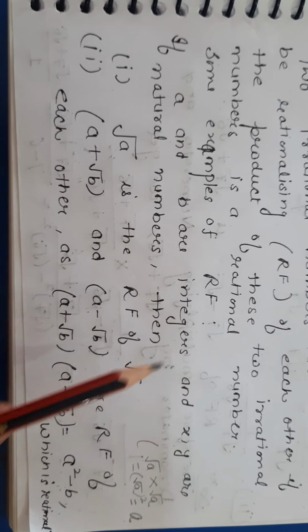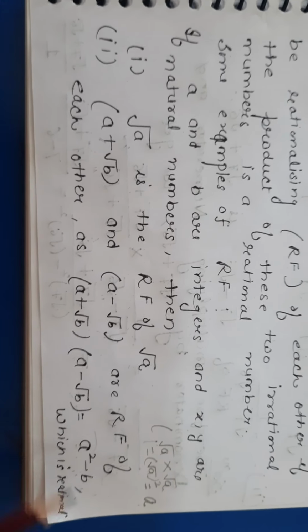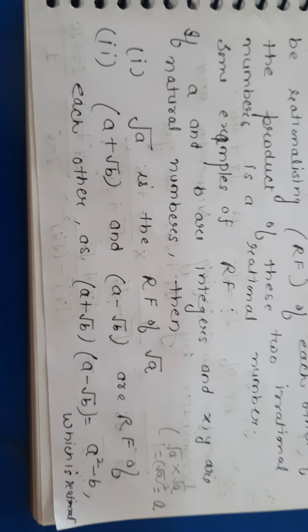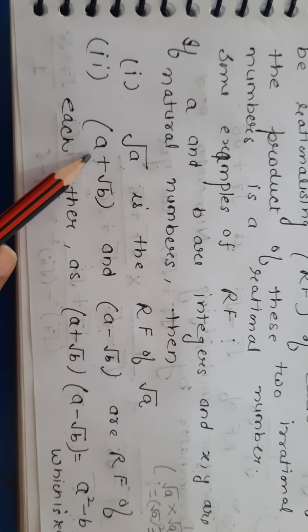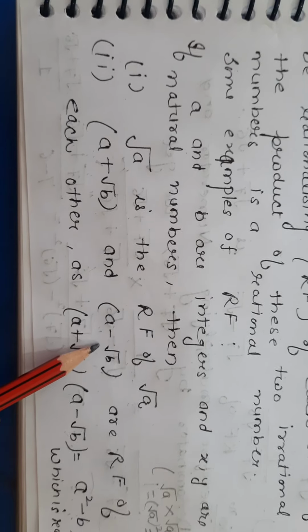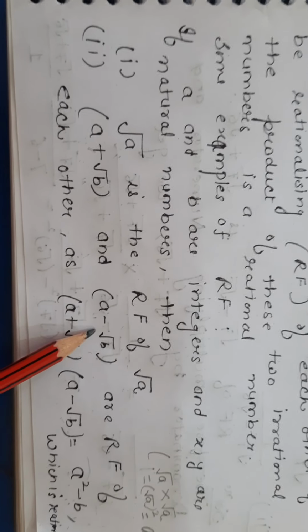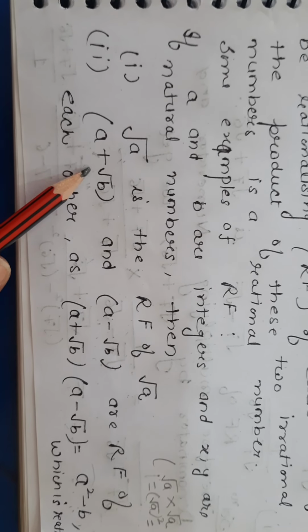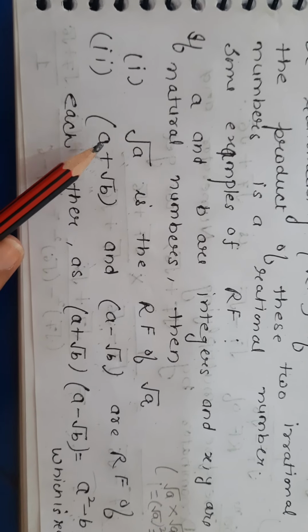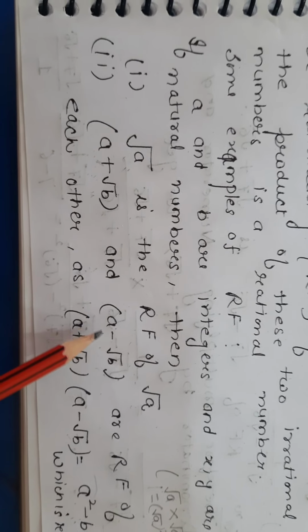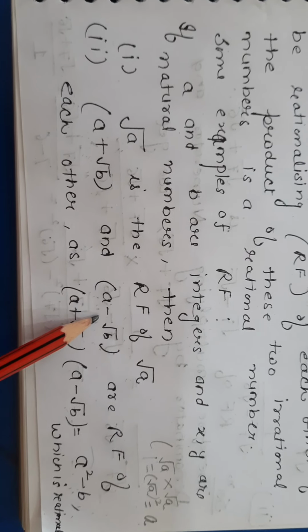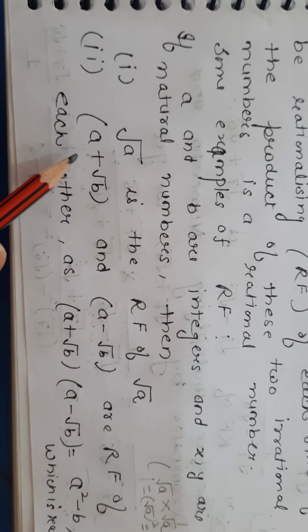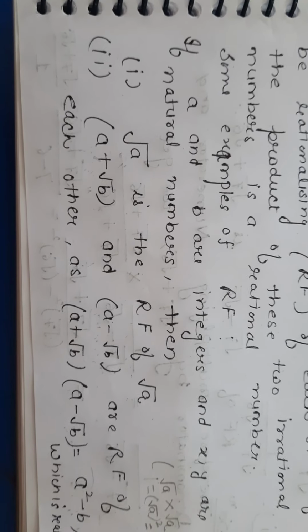A is an integer and b is also an integer, so this is going to be a rational number. So if here we have positive sign, its rationalizing factor will have a negative sign. If we have a negative sign, the rationalizing factor will be positive. If it is a plus square root of b, the factor will be a minus square root of b. And if a minus square root of b, its rationalizing factor will be a plus square root of b.